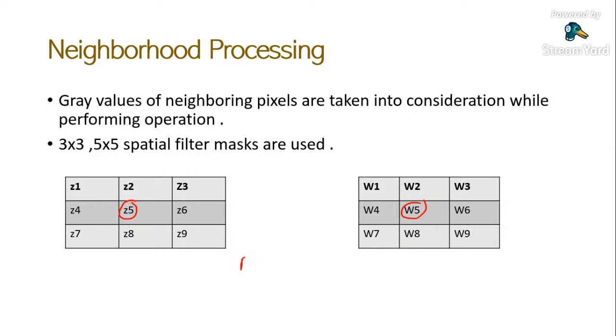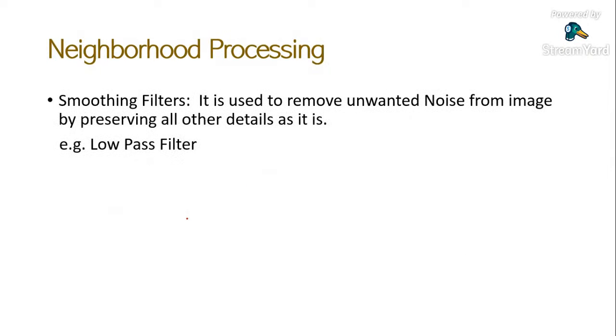Whatever value you get after calculation will replace Z5. That is called neighborhood processing. In the next iteration, W5 will be located at the next pixel, and again you perform the same calculation. So this is called neighborhood processing.